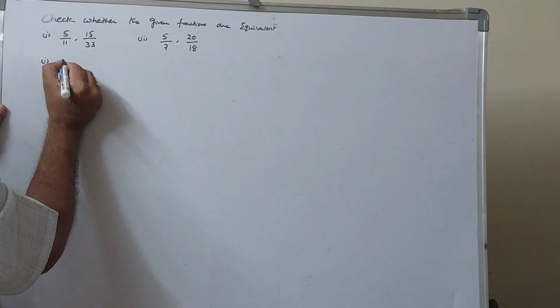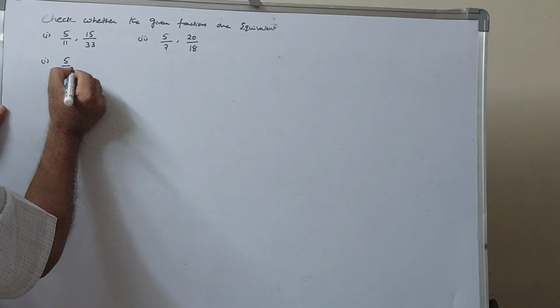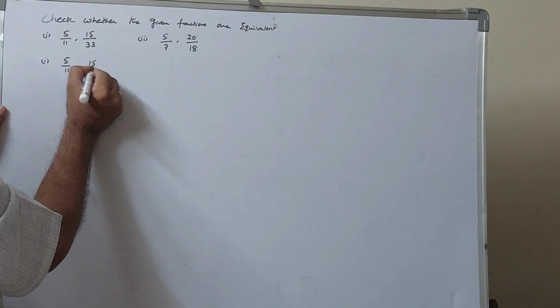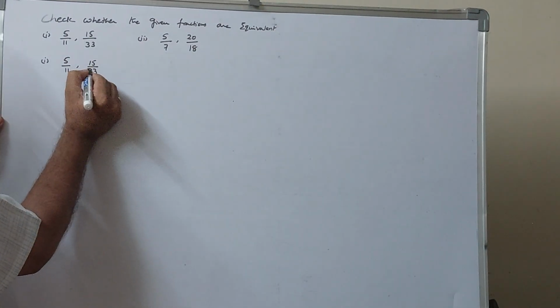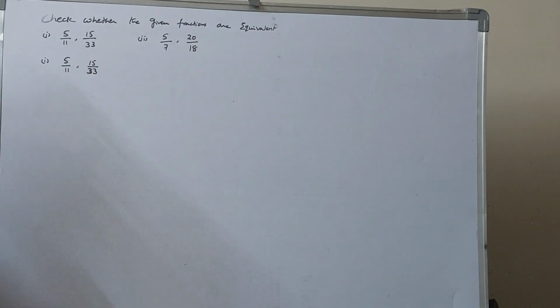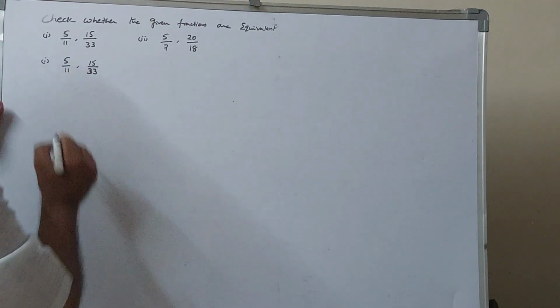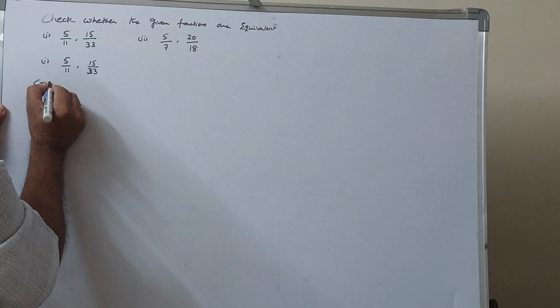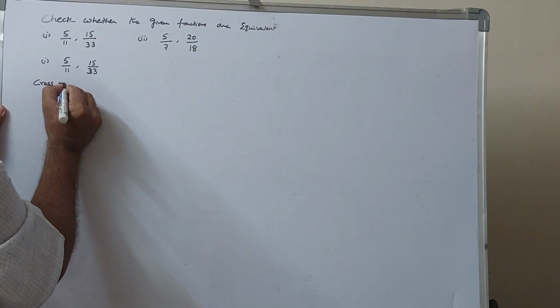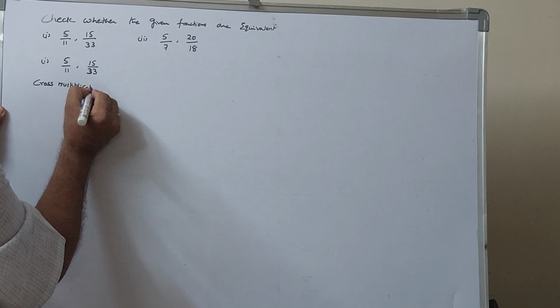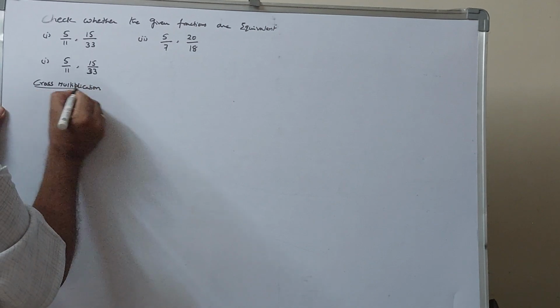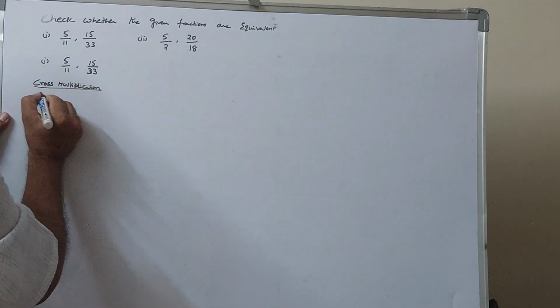First one is 5 by 11 and 15 by 33. So what you have to do is see the cross multiplication. What is cross multiplication?